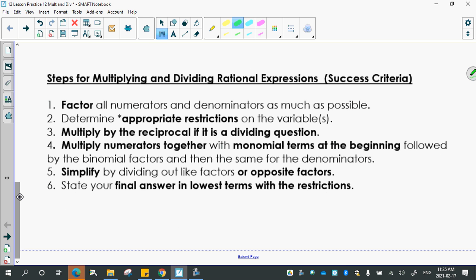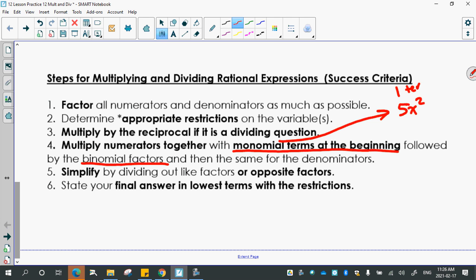Number 4, multiply the numerators together. What does this mean? Monomial terms at the beginning, followed by binomial factors. Anyone know what a monomial is? One term, good. Something like 5x squared, for instance, is a monomial because it's only got one term.